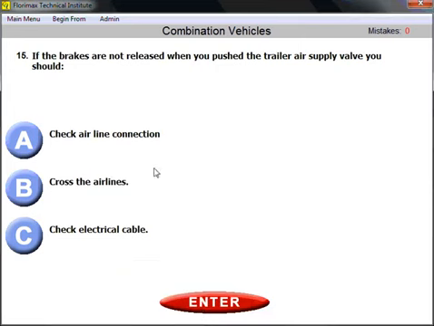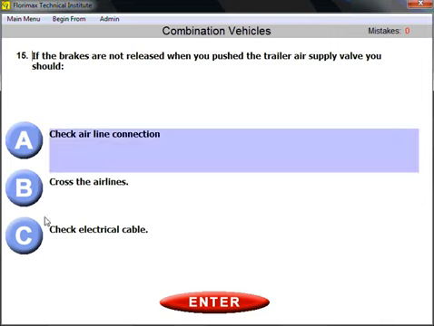Question number 15. If the brakes are not released when you push the trailer air supply valve, you should check airline connection. Something is wrong. You need to check first. Always check first.